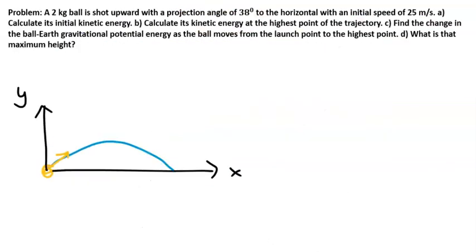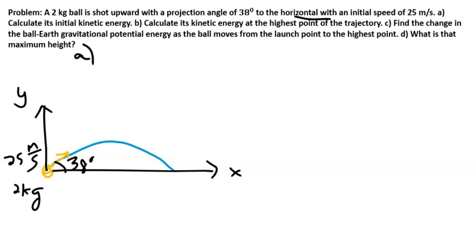Let's look at the last problem. A 2 kg ball, so this ball is 2 kg in mass, shot upward with a projection angle of 38 degrees to the horizontal with an initial speed of 25 meters per second. Calculate its initial kinetic energy.